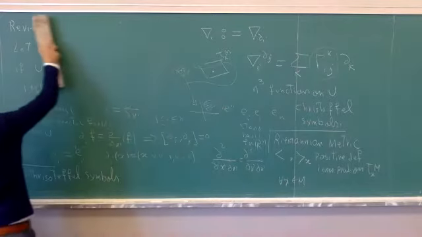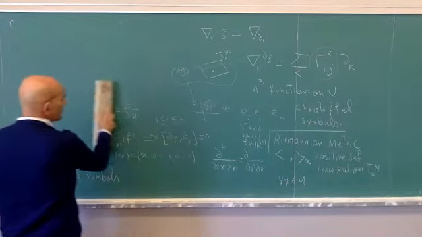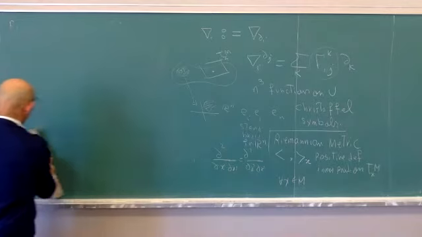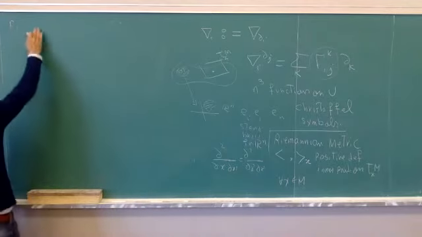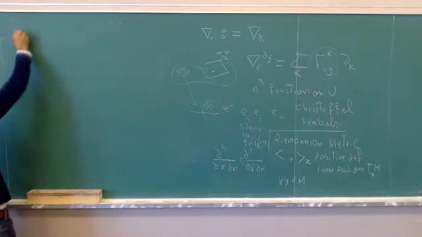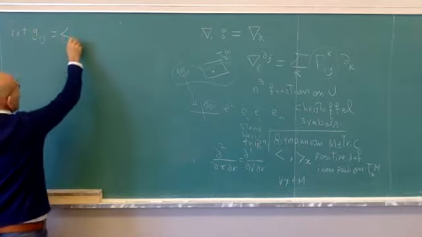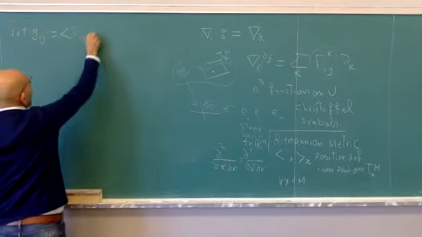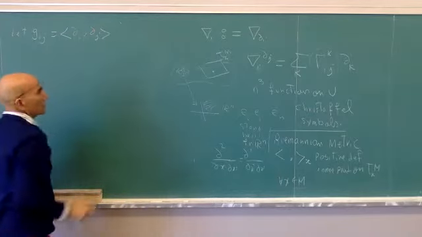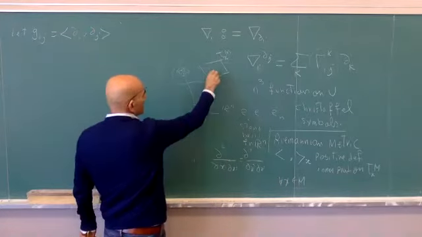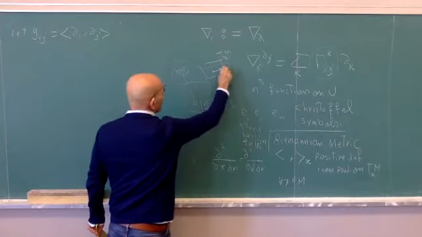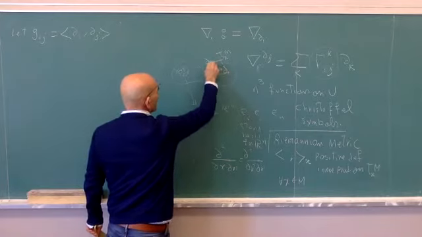These are the g_ij. This is the inner product of d_i and d_j. In the tangent space, you have these two vectors, d_i and d_j.